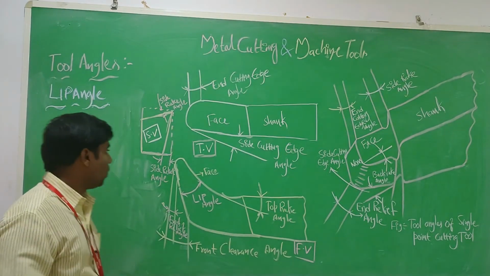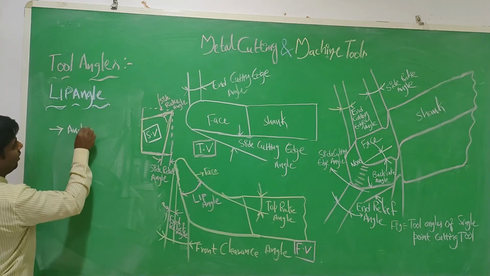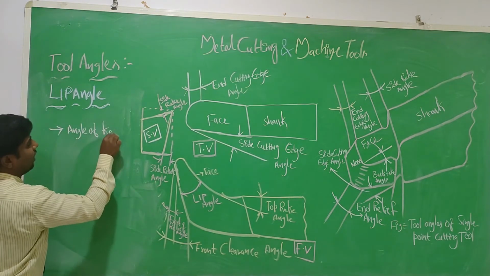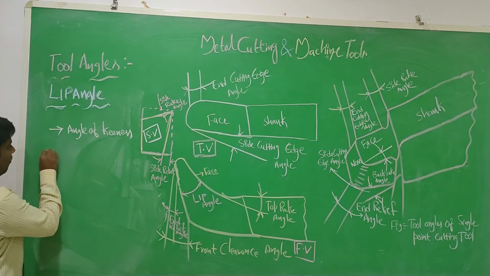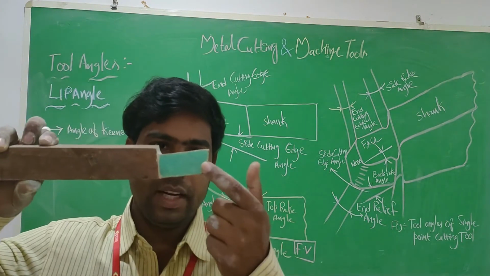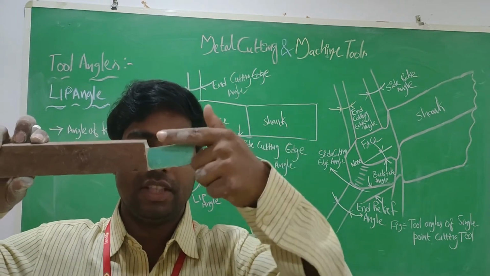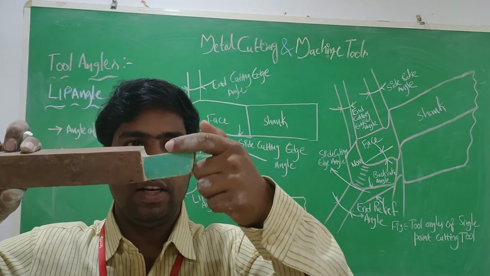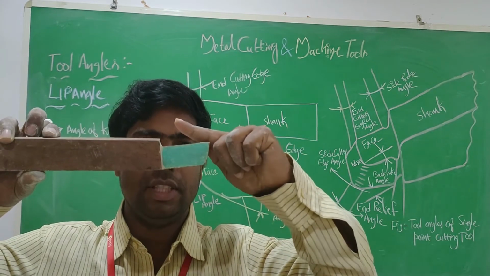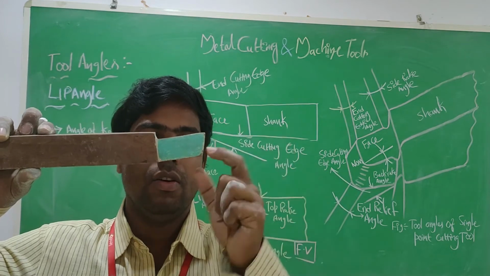Lip angle is also called the angle of keenness. When the lip angle increases, the width of this front surface also increases, so the strength of the cutting edge increases.